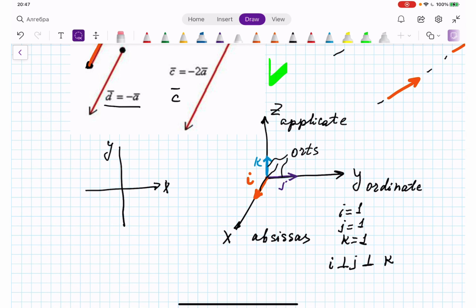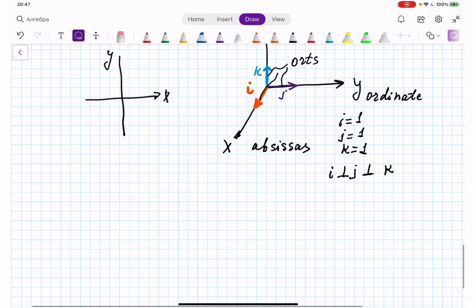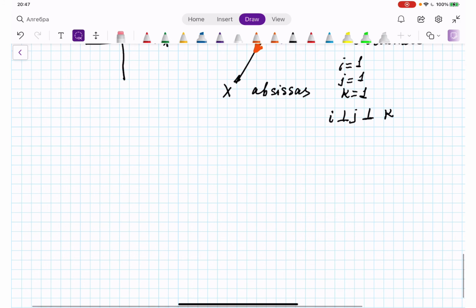Now let me show you how we're going to use this i, j, and k.